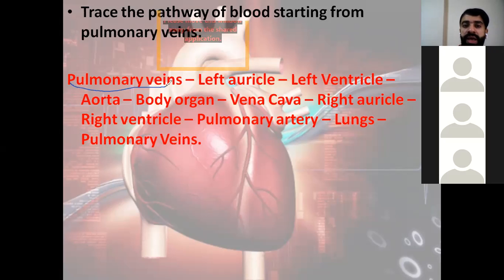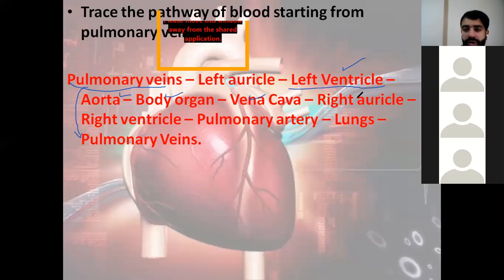Sometimes I'm going to say trace the pathway starting from the left ventricle. So if we start from the pulmonary vein, we end with the pulmonary vein. Why? If I started with the left ventricle, I have to end with the left ventricle. And they should be what? In order. For example, if I started in the left ventricle: left ventricle, aorta, body organ, vena cava, right auricle, right ventricle, pulmonary artery, the lungs, pulmonary veins.